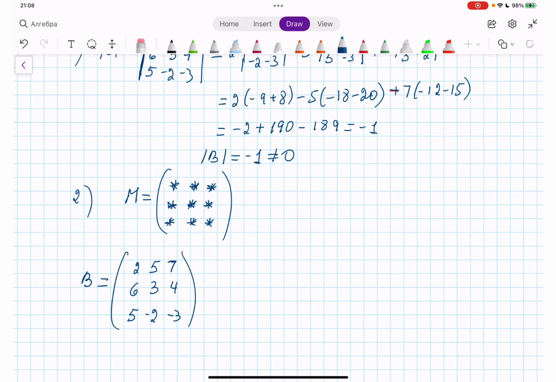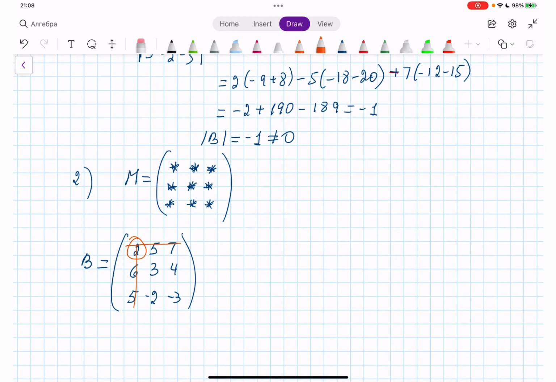Remember, for the first element, we cross out the column and row where the element is located. You can do it in your mind, you don't have to necessarily cross like that, but I'm doing it to show.